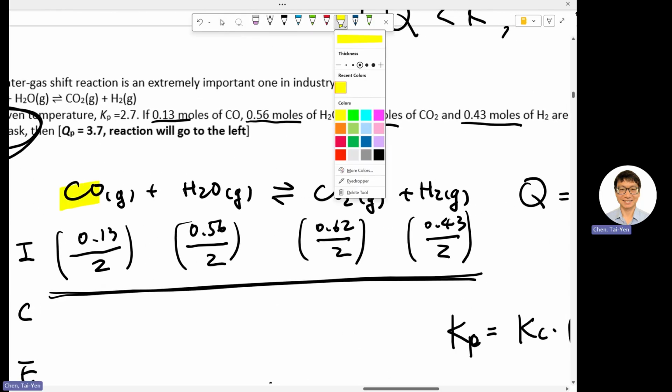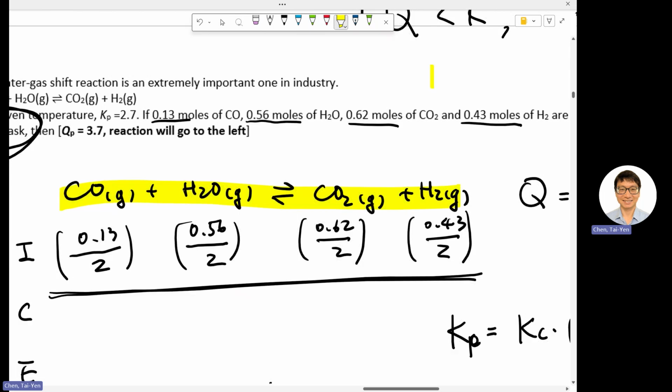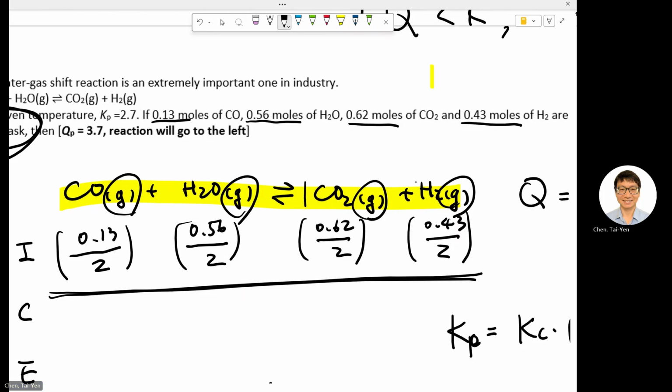So calculate the moles of gas molecules, and only gas molecules. You're looking for the subscripts containing G, which indicates the species is in the gas form. Then you count the sum of the coefficients of all the gases.